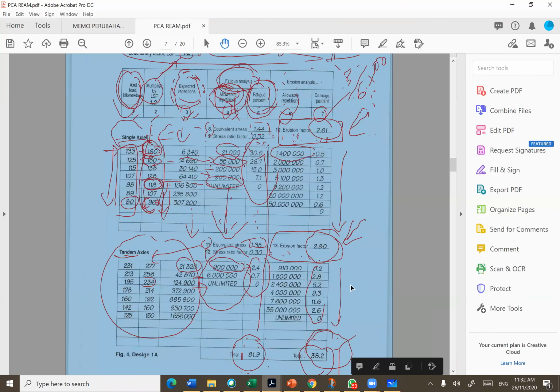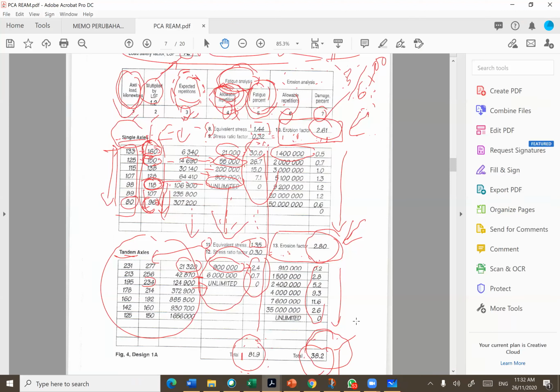If, let's say, your fatigue is 90 and your erosion is 110, the thickness of the pavement is not enough, and it will fail in terms of erosion, because erosion gives you more than 100%.